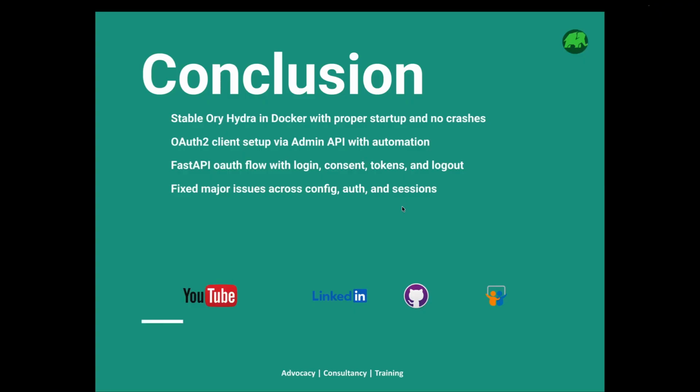We have Ory Hydra running reliably in Docker with a startup sequence that actually waits for the database before migrating and waits for the migration before starting Hydra. No race condition, no crash loop. We registered a FastAPI application as an OAuth 2 client using the admin REST API, and we put that in a set of files so that we never have to do it manually after a restart.